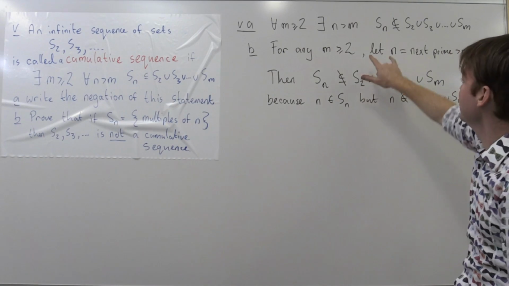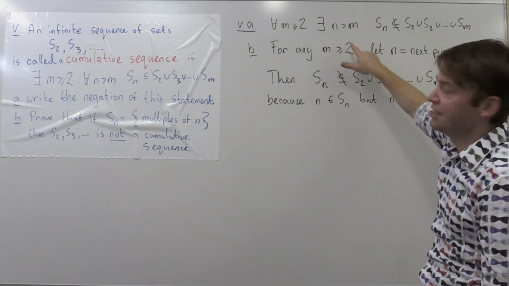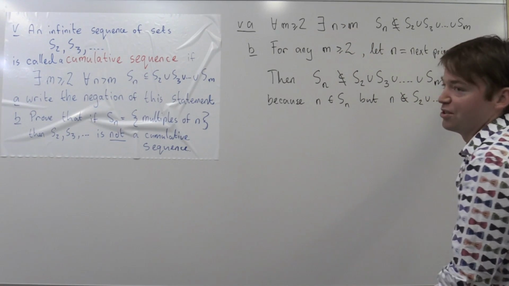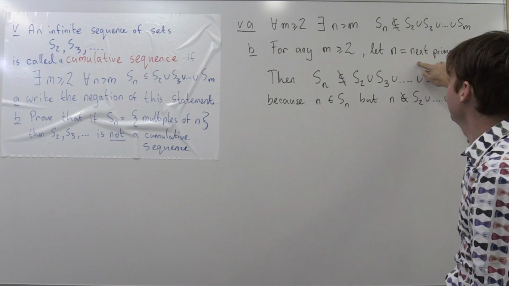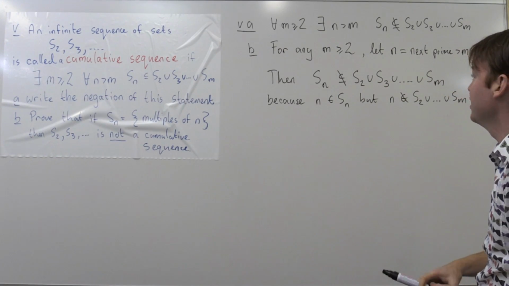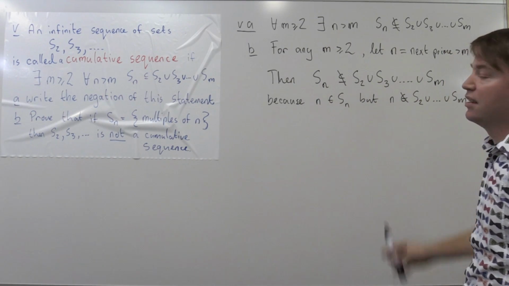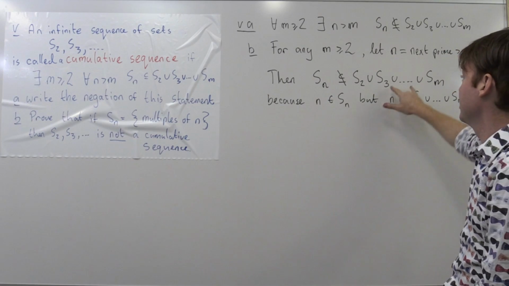It requires a bit of a leap of faith here. You know what you need to prove. The best way to prove something exists is to actually tell the person reading your work what it is. So here, front and center is my n, which must exist because there's always some prime bigger than m, and it has the desired property that it is not contained within this set.